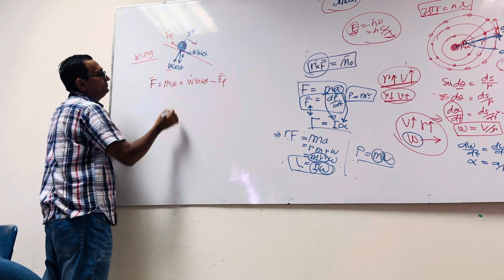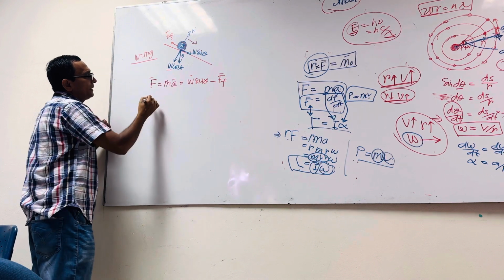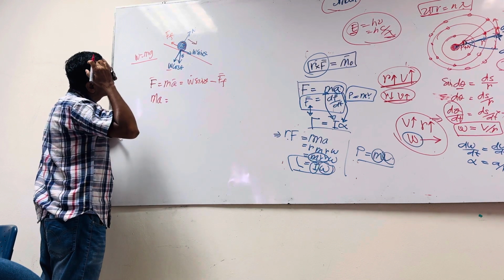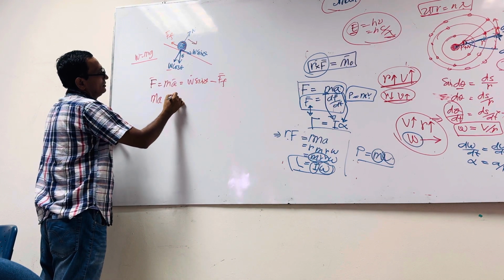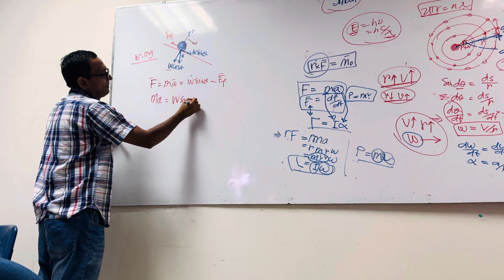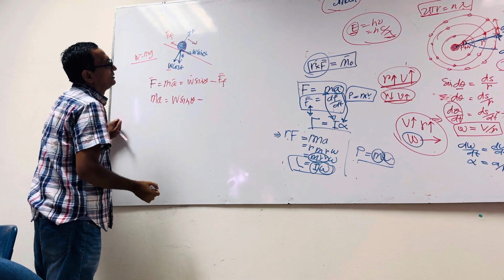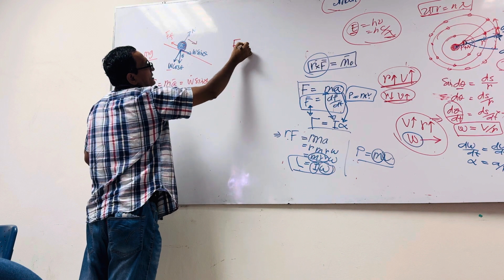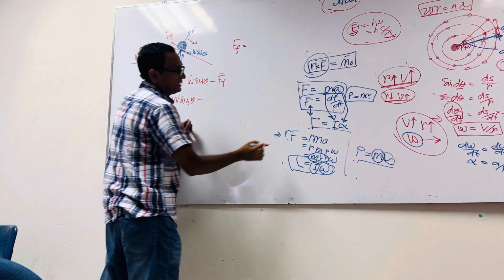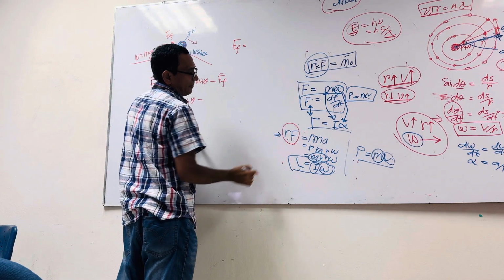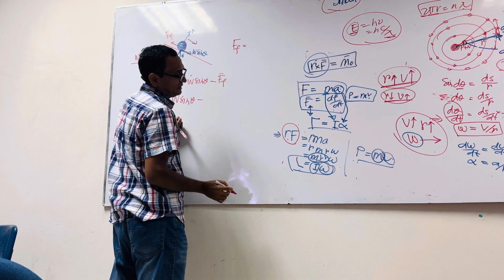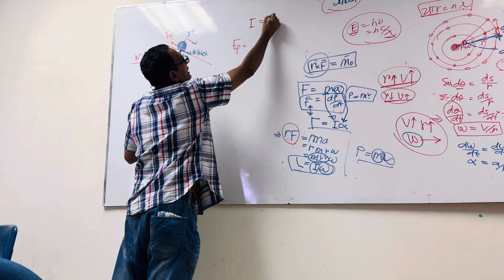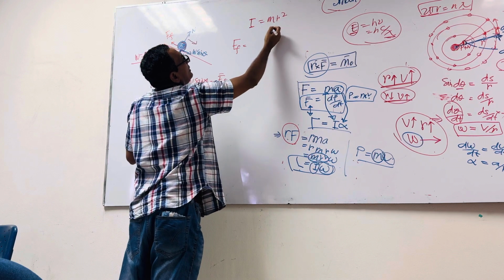So then we can write that ma is equal to W sin theta minus the frictional force. Think that the frictional force here we can actually relate with the force, and that eventually makes I equal to mr square.